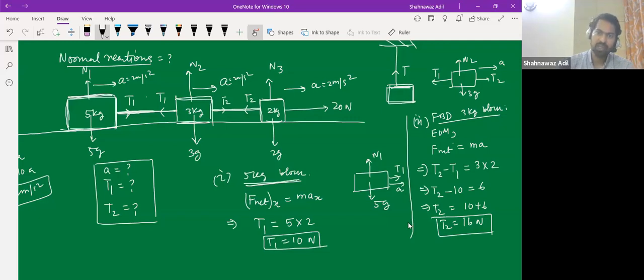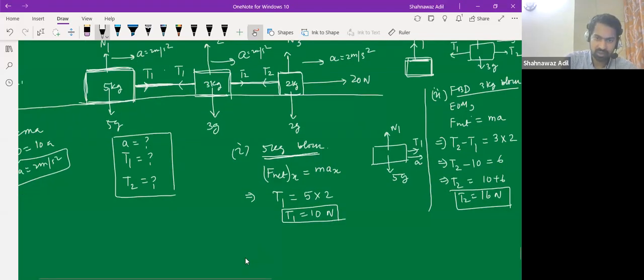Now let me write the 2 kg block, with everything we have calculated.